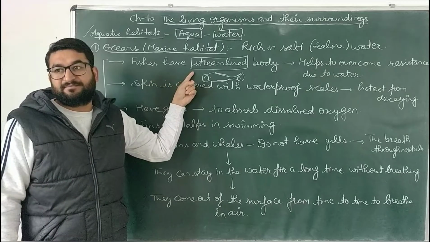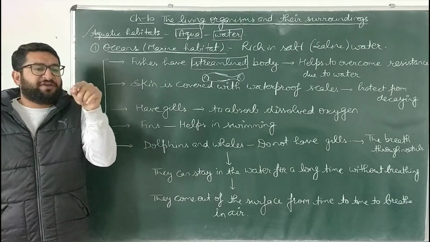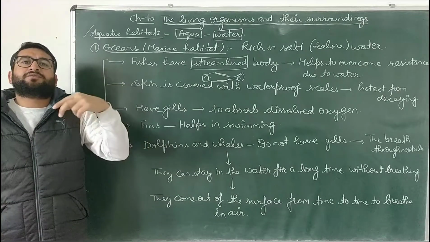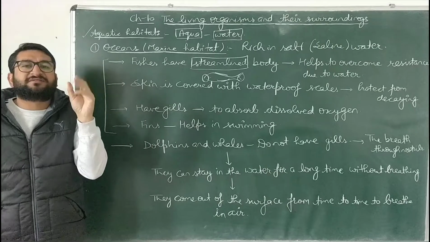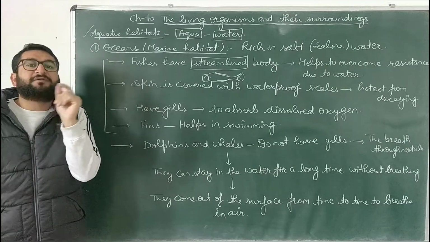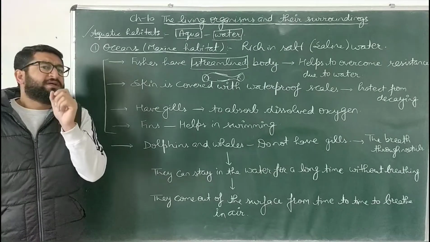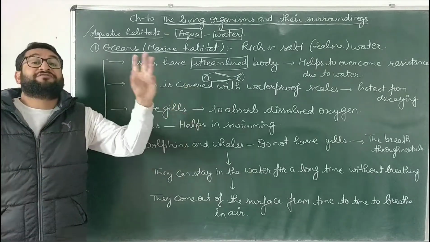स्ट्रीमलाइंड है. Second, we must have observed बच्चे that if we dip our finger for 2 hours, 1 hour in the water, then our fingers shrink, the skin shrinks. Why? Because the water will come out of it. Similarly, बच्चे, fishes will remain in the water throughout their life.